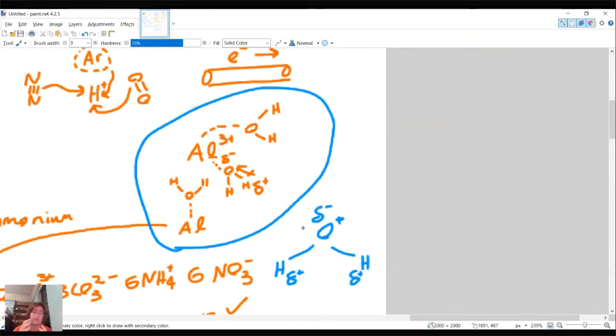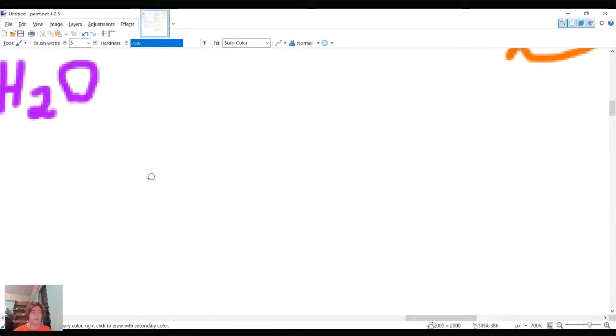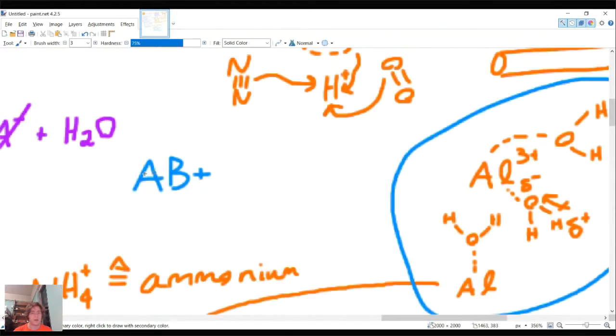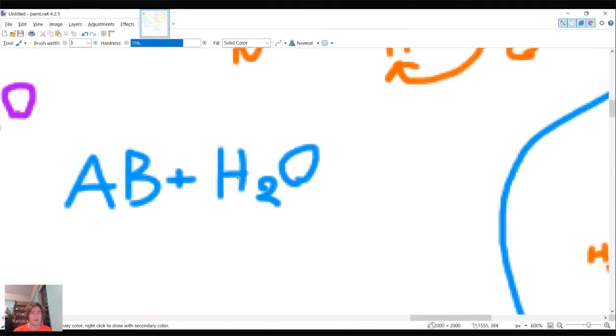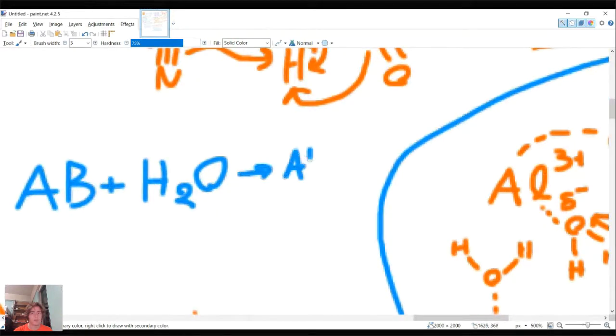So that means that the chemistry is still the same because there's only water on both sides. The environment is water on both sides. So when we're looking at any sort of physical process, we have AB and the environment is water, turning into A plus B minus plus H2O.